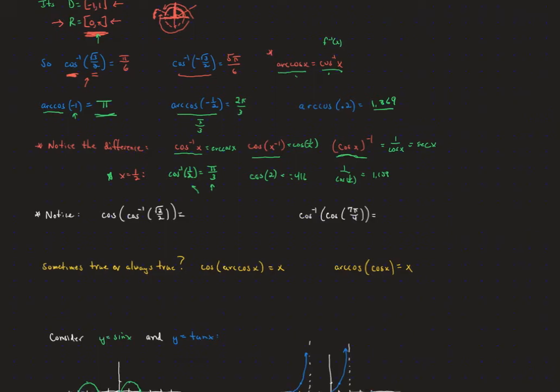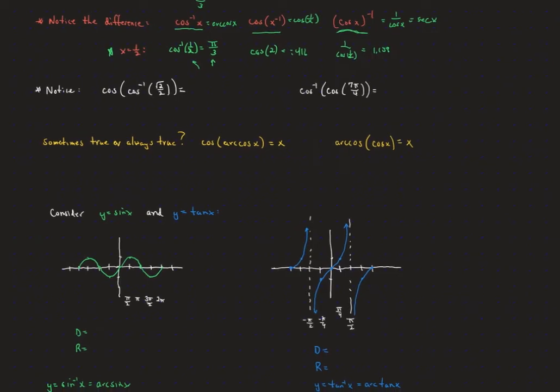Okay, now's where you have to think really hard. When we take the cosine of the inverse cosine of square root of 2 over 2, you can reasonably think of that as being like f of f inverse of x. And these are going to undo each other, and we're just going to get the x.